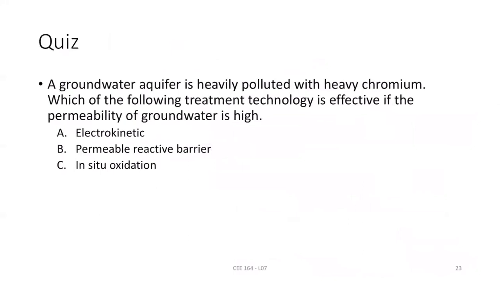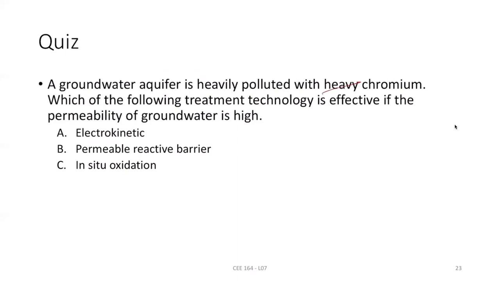Okay, so let's see if we learned the concept now. So I'm going to ask this question again. The question is: a groundwater aquifer is heavily polluted with chromium.